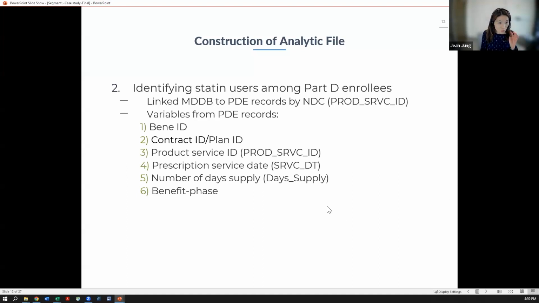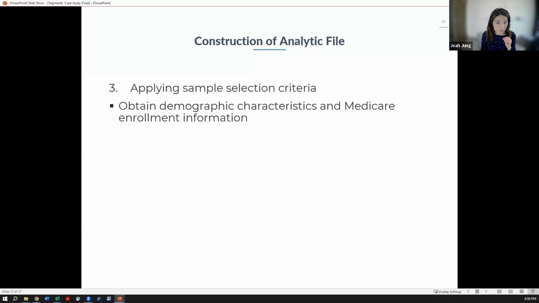So now we selected our study sample. What's the next step? Then, as Devansh, if I pronounce it correctly, already answered, we apply the sample selection criteria. So we obtain demographic characteristics and Medicare enrollment information from MBSF.